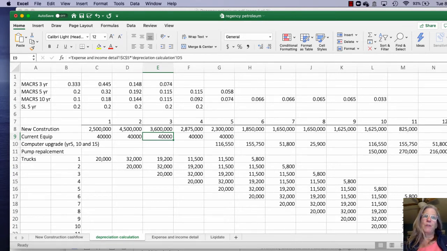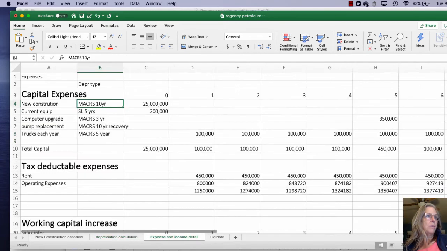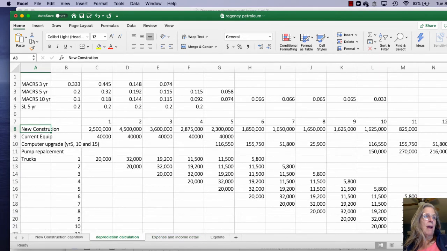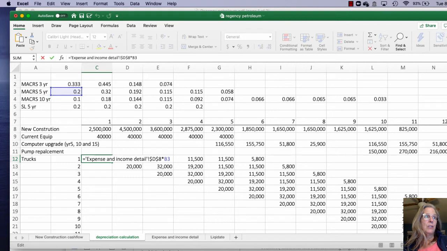And again, you might want to watch the video when I explain what depreciation is. And so all of these items that are on this page here need to be depreciated. So I have the new equipment needs to be depreciated, the computer upgrade, the pump replacement, and then every year we buy trucks. So the first year we buy the truck, it's 100,000, and I need to spread it over these 6 years.